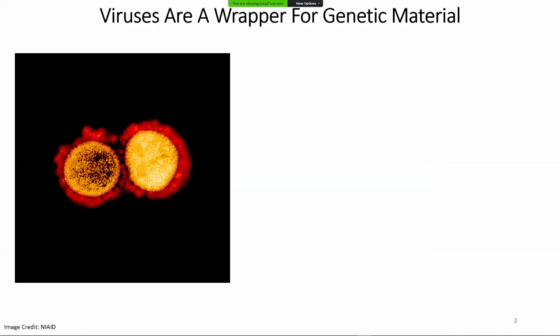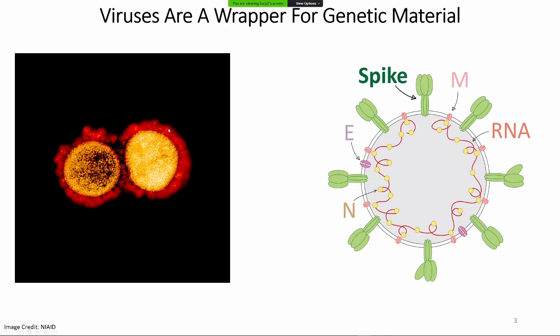But if we zoom in even further, we get a better picture of what these viruses look like. And it looks like a sun, right? And these are two viruses now, one over here on the left and one over here on the right. And if I give you a little cartoon diagram to help you understand what we're looking at, on the outside, this blur or ring are these spike proteins. And that's where the virus gets its name, because it looks like a crown.